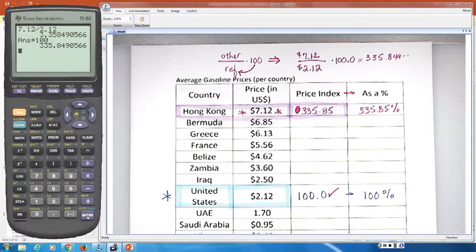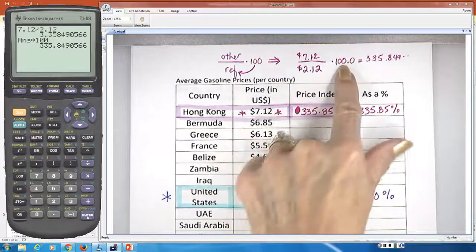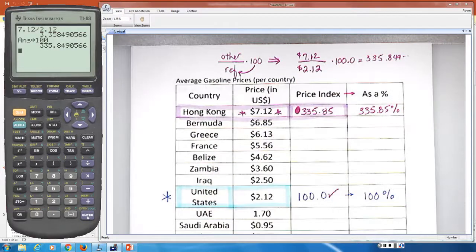It's not usually shown as a percent, but it really is a percentage, because it's a fraction times 100, which makes it a ratio per cent. That keeps us in with relative comparisons, because that's what we've been doing this whole time. Does anybody have any questions about why Hong Kong's index is 335.8 or 335.85?